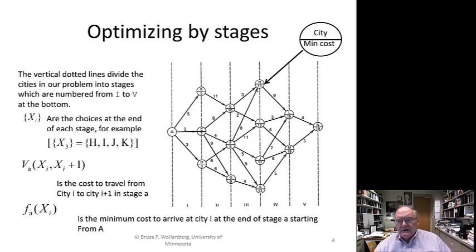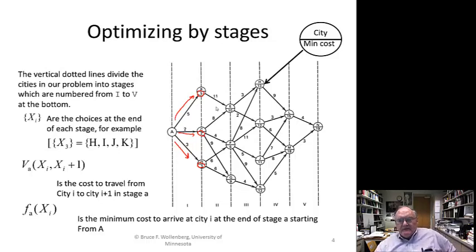This number in the lower half of the circle is the minimum cost to reach that city. If I go from A to B, there is only one path, and so the cost is 5. So you see the 5 right in here. A to C, the cost is 2 because that's the only path there, and A to D the cost is 3. Now we begin to have some decisions to make.